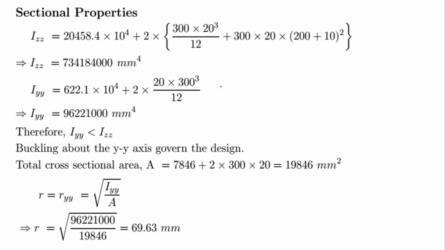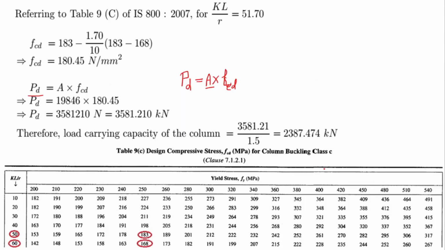It is calculated here. It is 19846 mm square. And then FCD is already calculated, 180.45. So design load carried by the column will be 3581210 Newton or 3581.21 kilonewton.